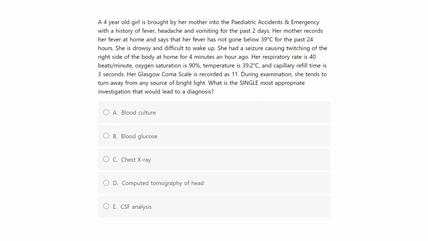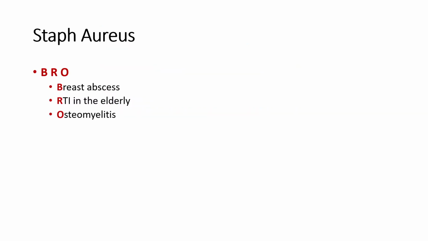What is the single most important investigation? Looking around, there is no evidence of rash here. So, meningitis plus rash, you do a blood culture. Meningitis minus rash, you do a lumbar puncture for CSF analysis.